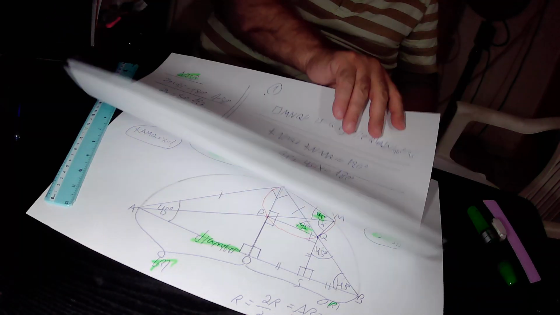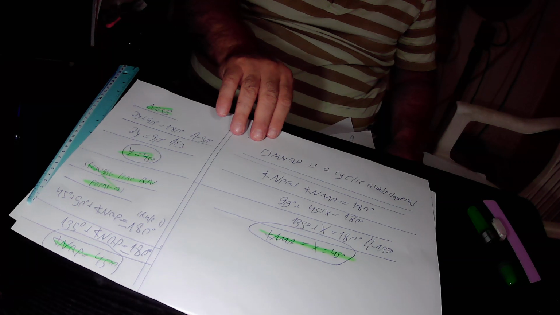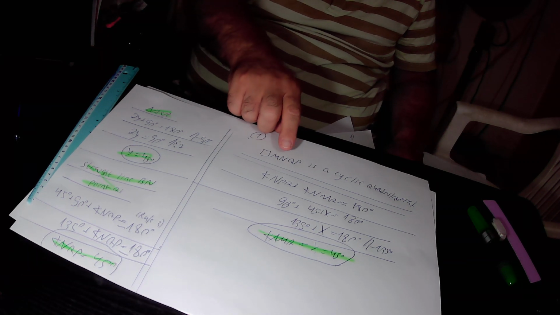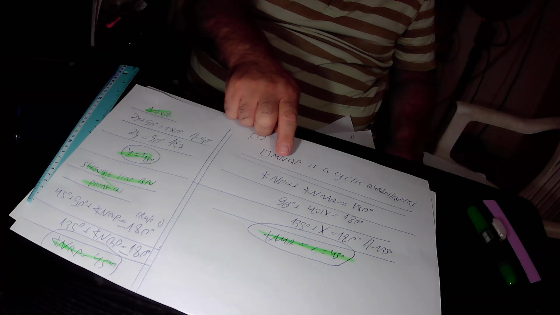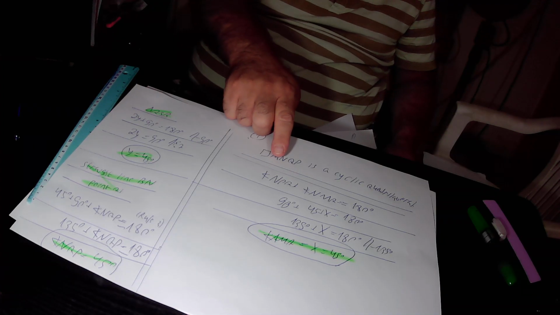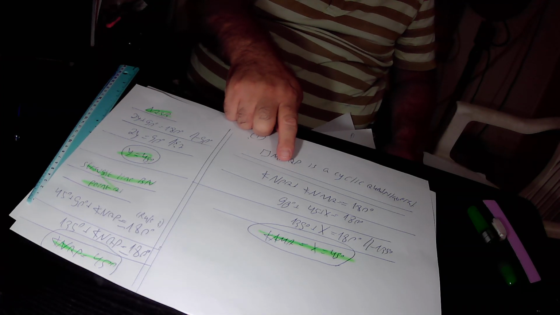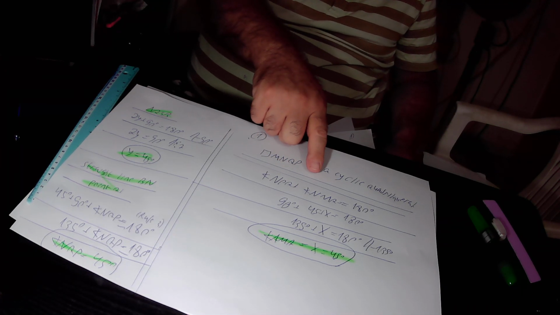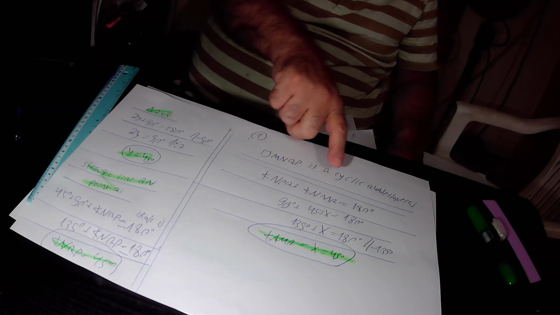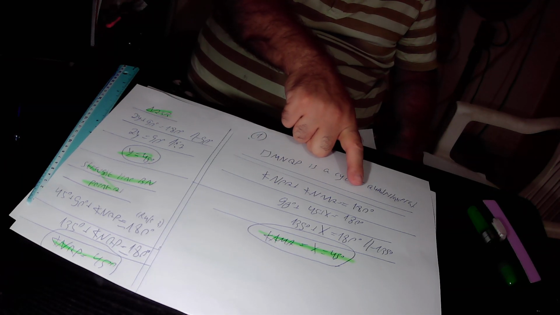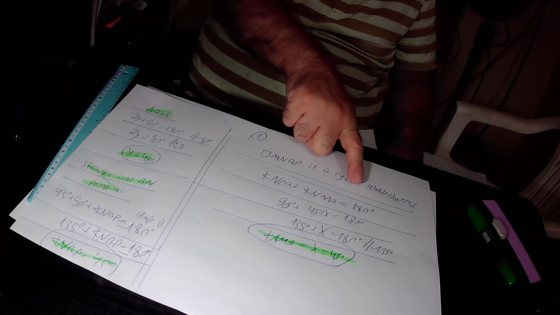And again, according to the rule that I mentioned, the sum of two opposite angles of a cyclic quadrilateral is equal to 180 degrees. So in quadrilateral NMQP, angle NPQ plus the opposite angle NMQ total must be equal to 180 degrees according to the rule that I presented to you.